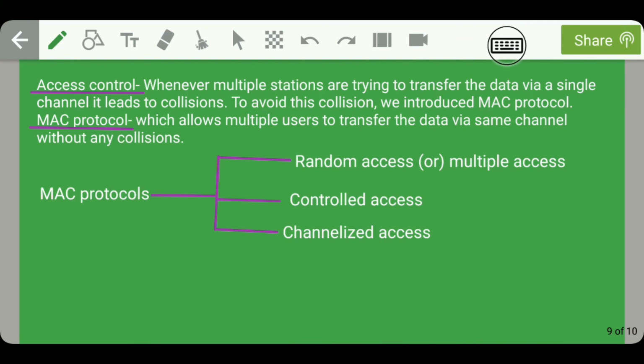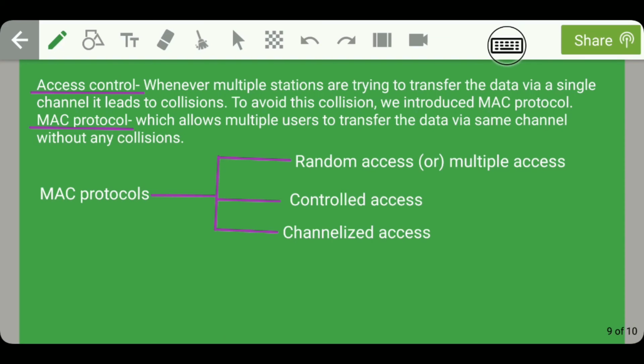So guys, from here we can say that the definition of access control is: whenever multiple stations are trying to transfer data via a single channel, it leads to collision. So to avoid this collision, we introduced the MAC protocol. And what is this MAC protocol? It is the protocol which allows multiple users to transfer data via the same channel without any collisions.